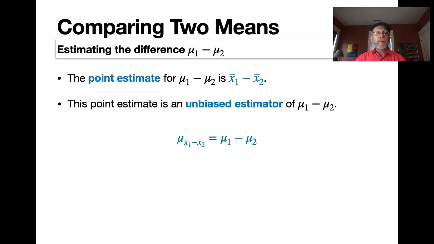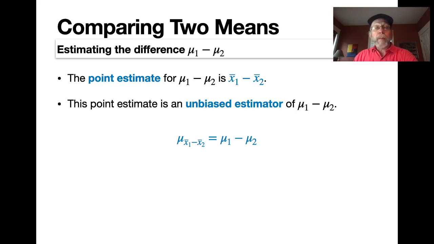In other words, if you could look at the sampling distribution of x1 bar minus x2 bar, look at how that varies across all samples of 10 employees from location 1 and 12 employees from location 2, the mean of that histogram or dot plot, the balance point, would be the true difference in population means. So our point estimate is an unbiased estimator of the parameter we're trying to estimate, and that is the same as it was for a one sample problem.